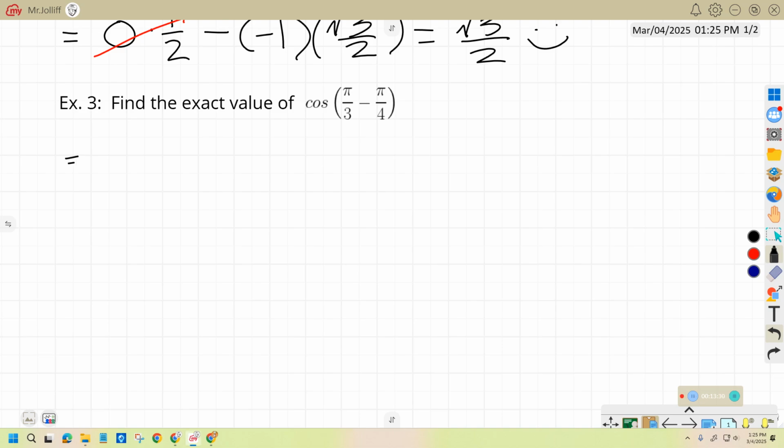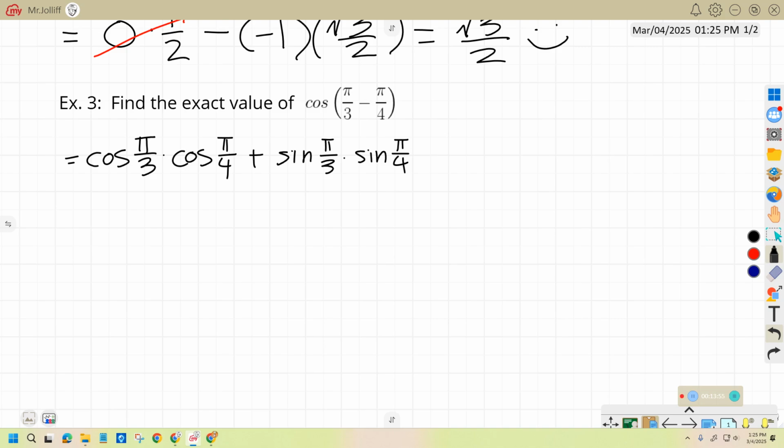Okay. So I got cosine pi over 3 times cosine pi over 4 plus sine pi over 3 times sine pi over 4. Do we agree with Aureli so far?